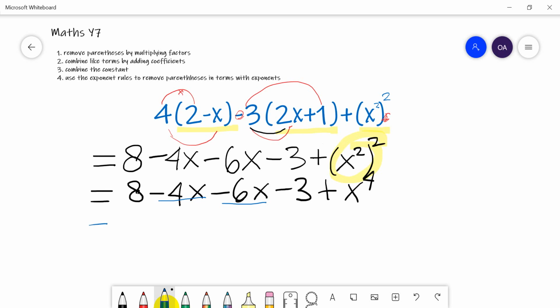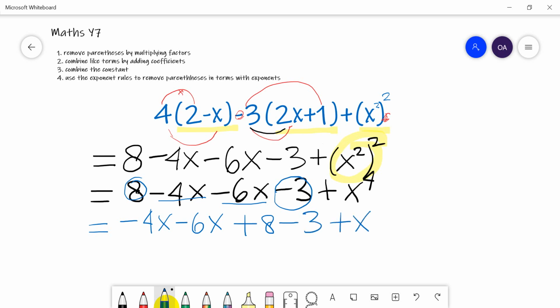So we can combine them in front: negative 4x minus 6x. And then we can combine the constants together, 8 and negative 3. So plus 8 minus 3, and plus x to the power of 4.